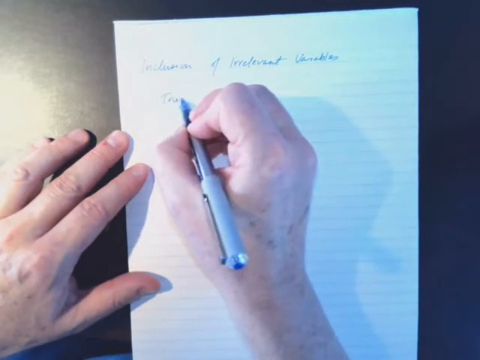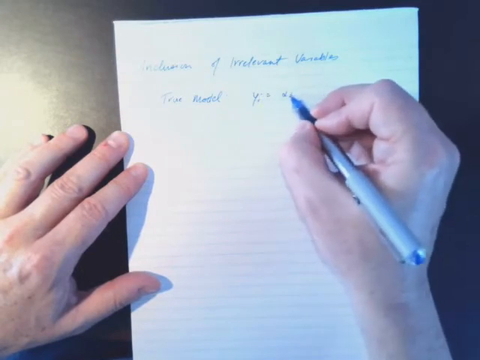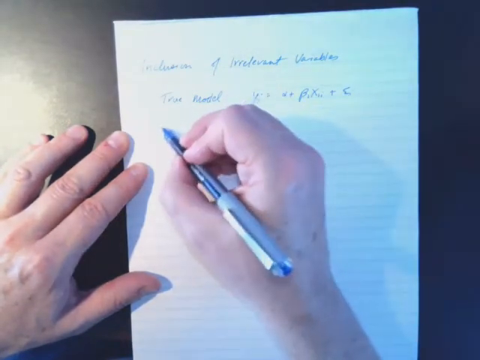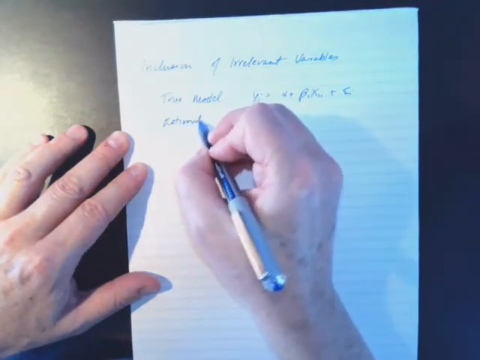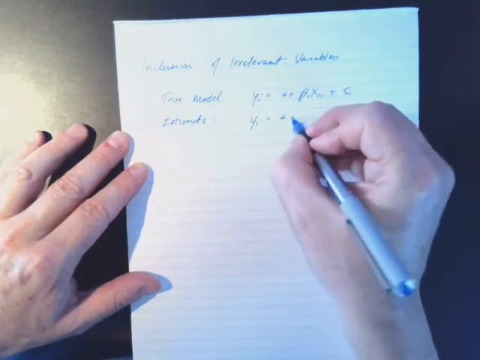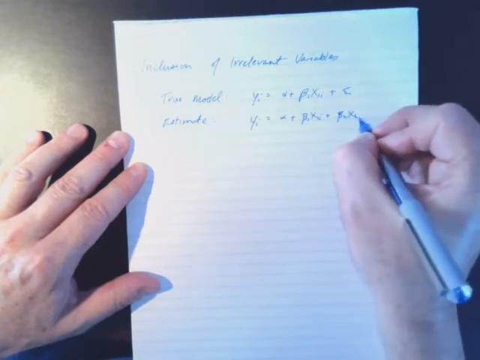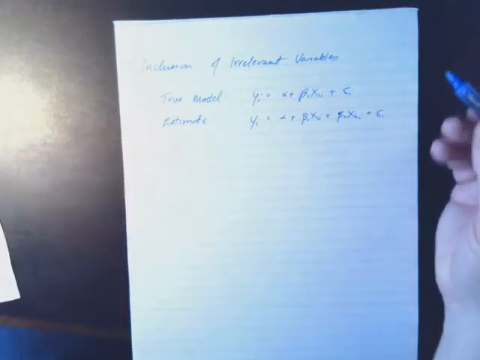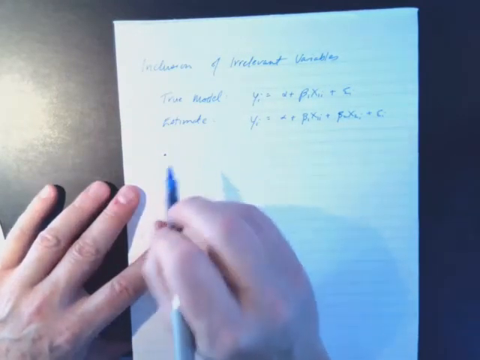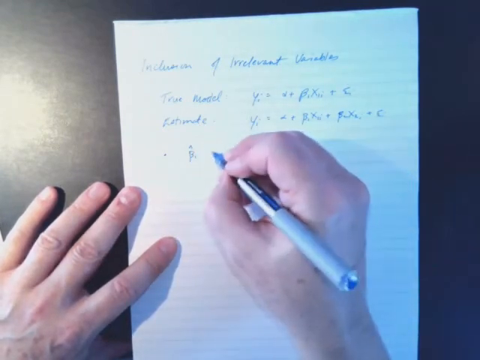So in this case, the true model is y equals alpha plus beta 1 x1 plus epsilon, but we estimate y equals alpha plus beta 1 x1 plus beta 2 x2 plus epsilon. In this case, beta 1 hat will still be unbiased.